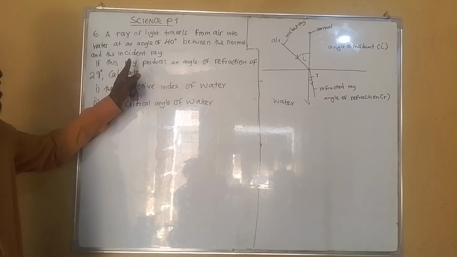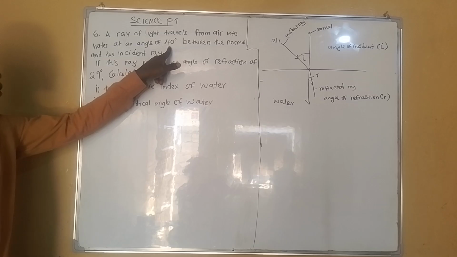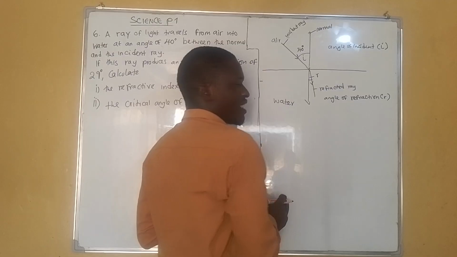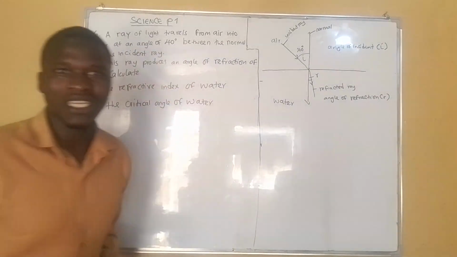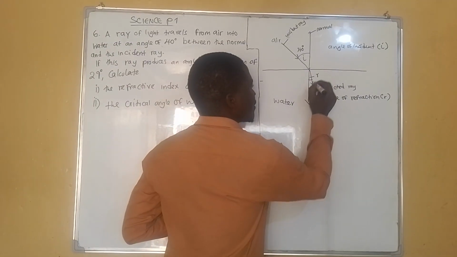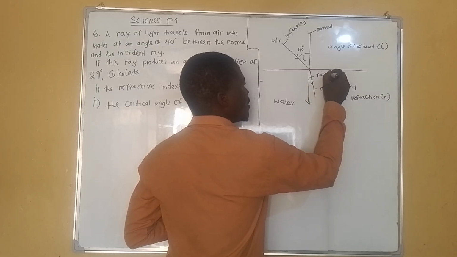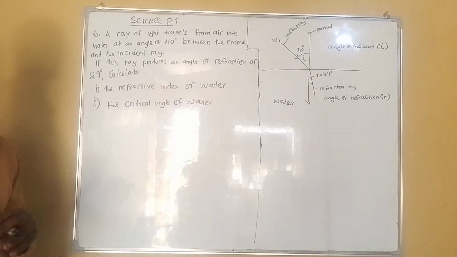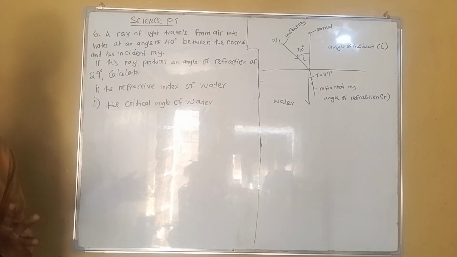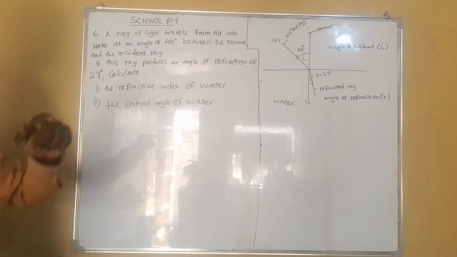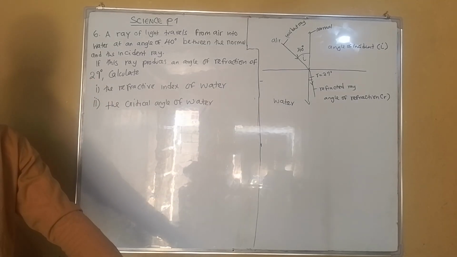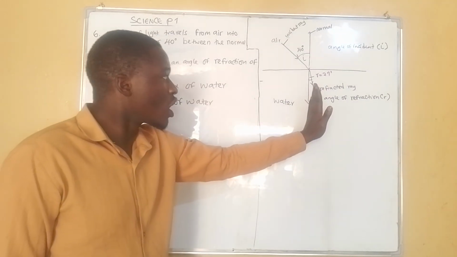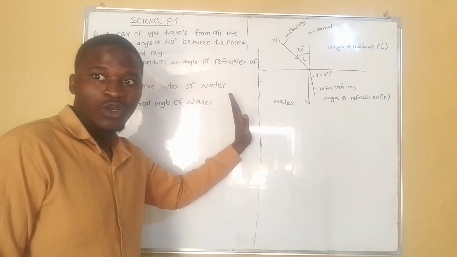Why is it that here, the angle of incidence that we are given is what? 40 degrees. And then after reaching water, it became 29 degrees. When you are coming from a less dense medium going to a higher dense medium, the refracted ray comes closer to the normal.